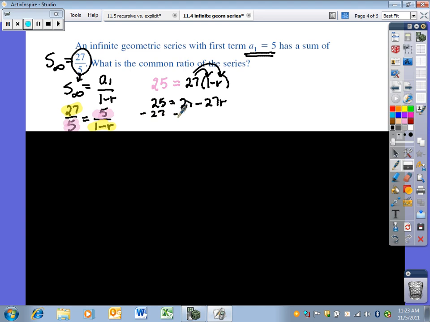Subtract 27. Negative 2 equals negative 27r. Divide by negative 27. And I get 2/27 as my ratio.